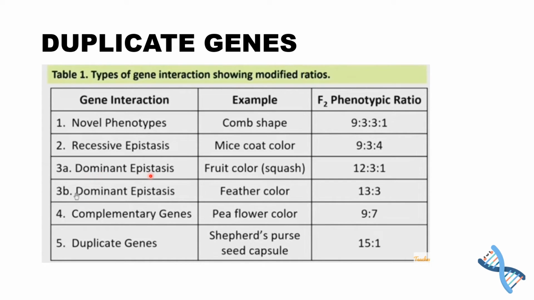Sa dominant epistasis na una, yung type 1, 12:3:1, while yung dominant epistasis sa feather color, 13:3. Sa complementary genes naman, 9:7, and then duplicate genes, 15:1. So, yun yung mga different types of gene interaction natin. So, yung laging tatandaan lang is yung mga rule kung paano nag-interact yung dalawang gene on the specific gene interaction.